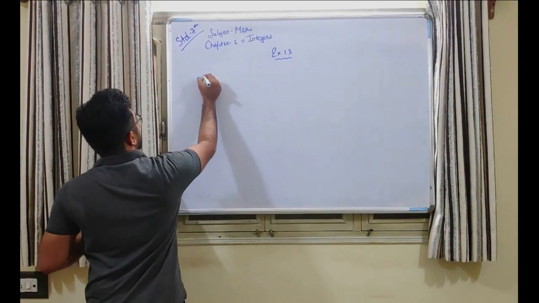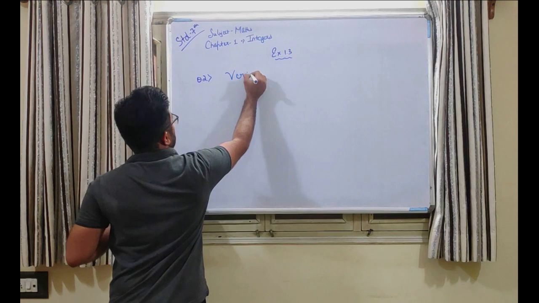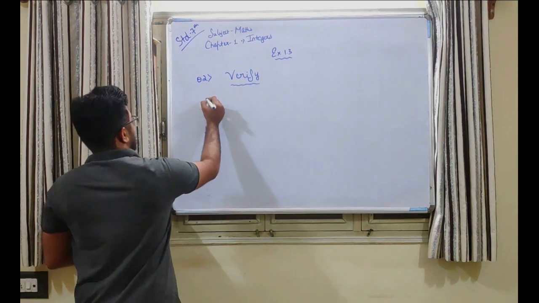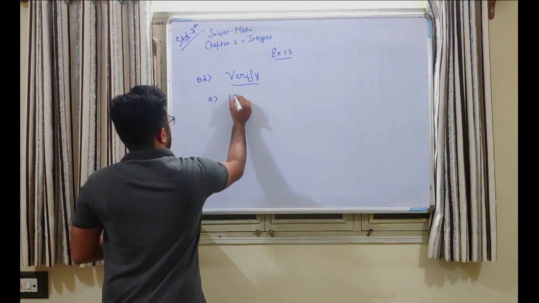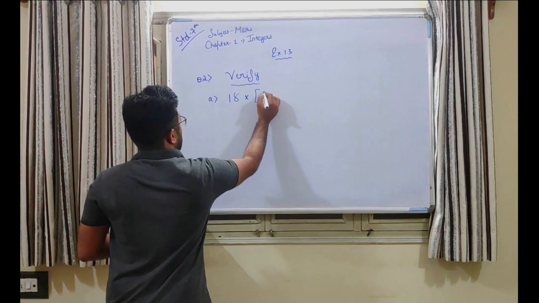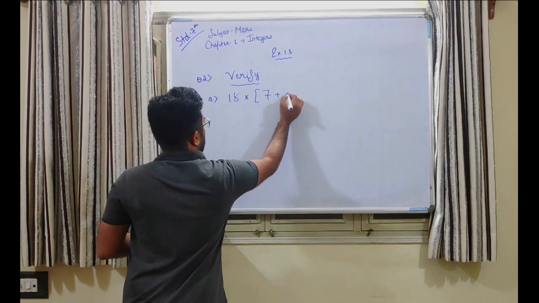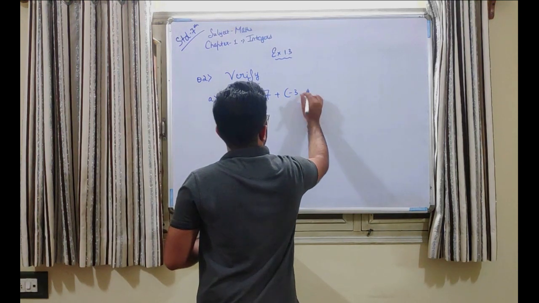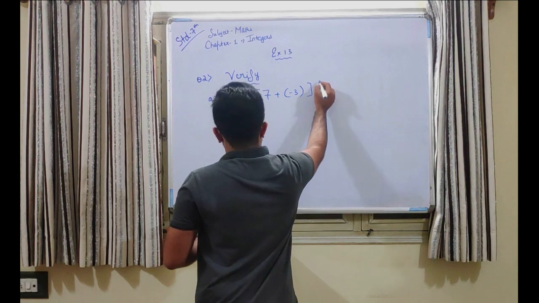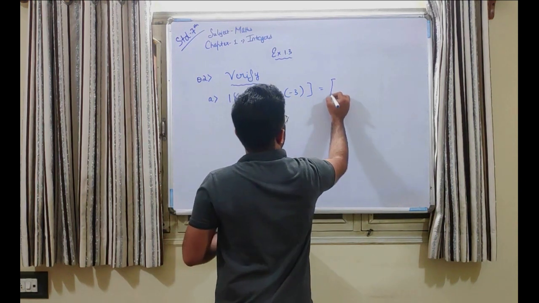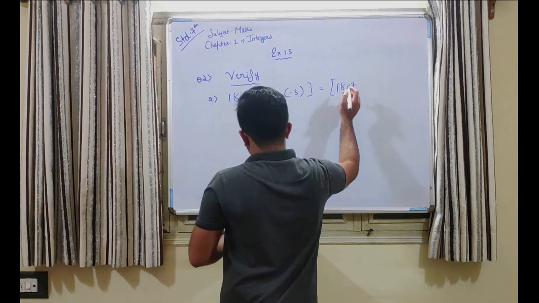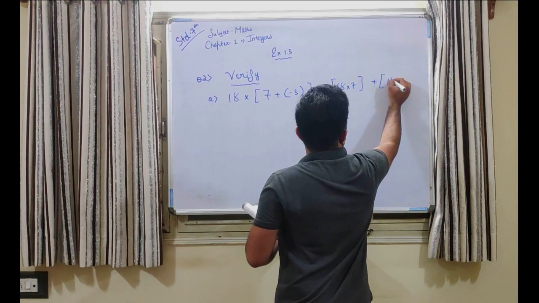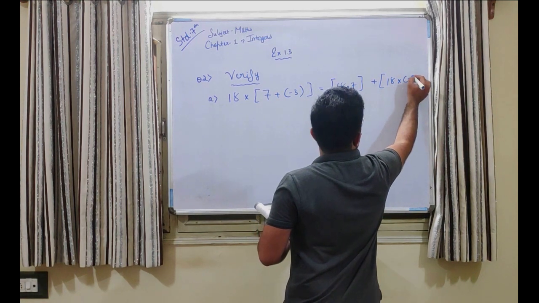Okay, number A is 18 multiply in bracket 7 plus of minus 3 is equal to 18 multiply 7 plus of 18 multiply minus 3.